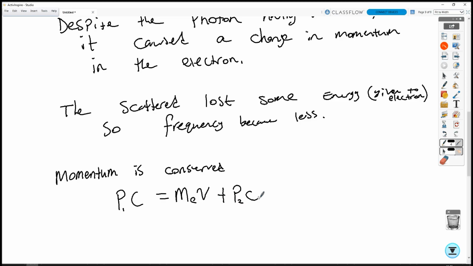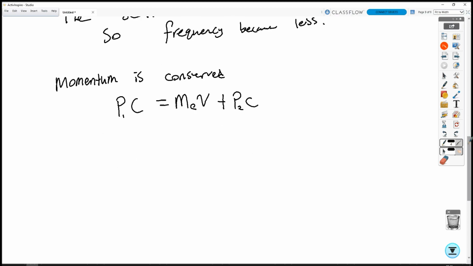Now, if energy is equal to Pc, and the energy of photons is also equal to hf, or the alternative version hc over lambda, we can equate these equations together. So E is equal to Pc, and E is equal to hc over lambda.